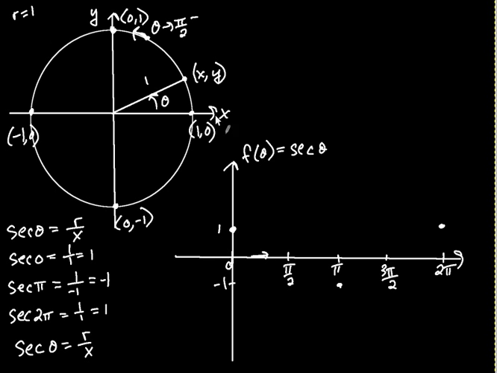Okay, so why am I bringing that up? Because what does that imply about r over x? Well, let's see. As the angle approaches pi over 2 from the left, r over x is approaching what? Well, r is 1, so that's staying 1. But x is approaching what?